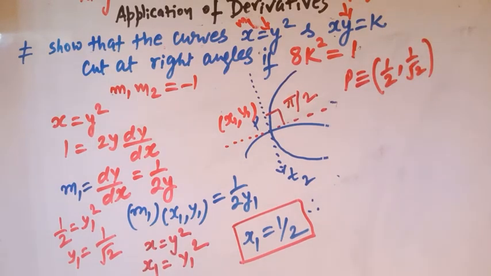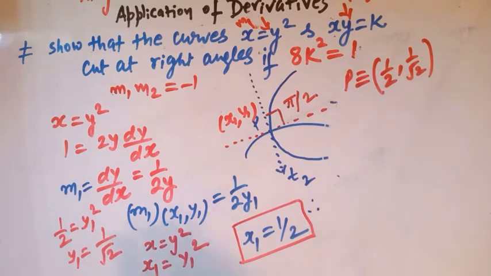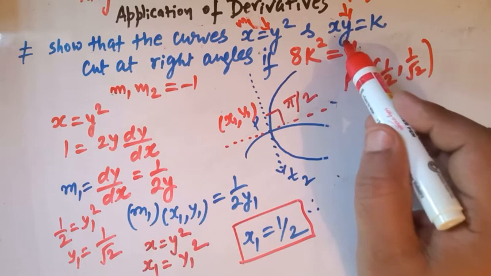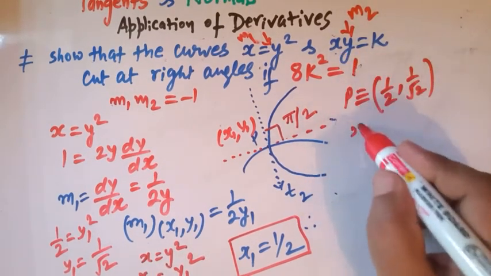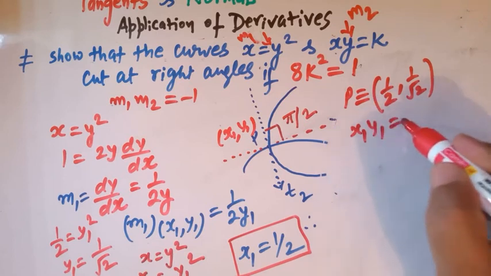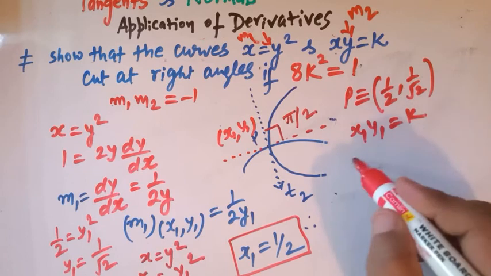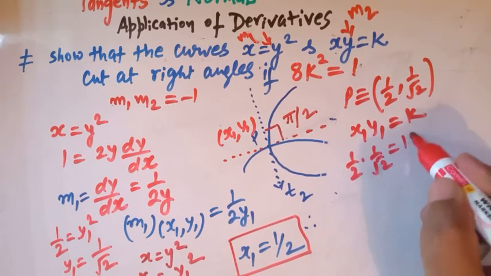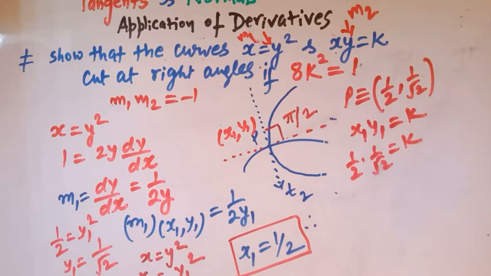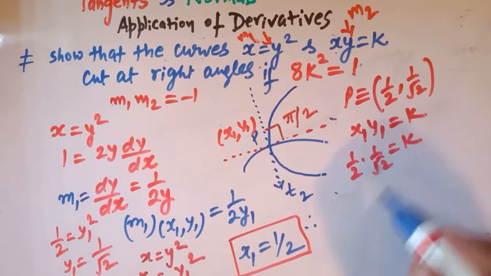Clear? Now we substitute the values of x1 and y1 in equation 2, xy is equal to k. So we have x1 multiplied by y1 is equal to k. What is x1? x1 is half, y1 is 1 over root 2, and that is equal to k. Now we will take the square of both sides.